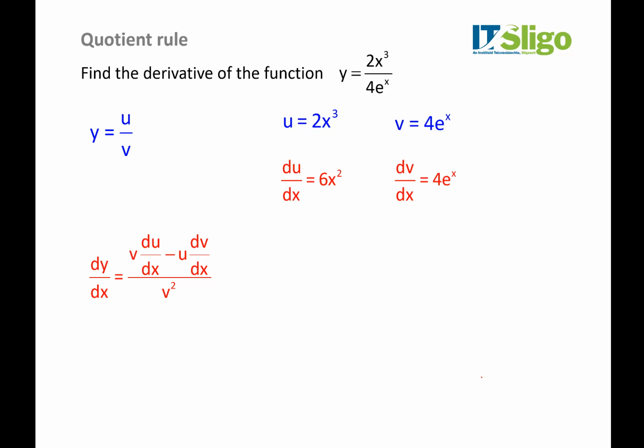Here's the quotient rule, and we just slot the 4 bits in as before. So it's v times du/dx, minus u times dv/dx, and all divided then by v squared.